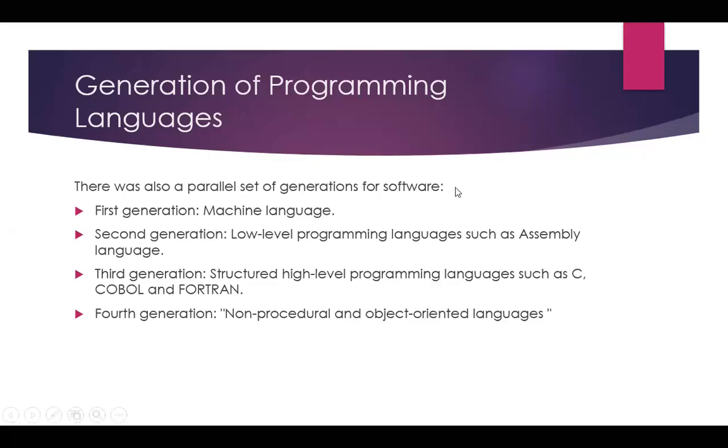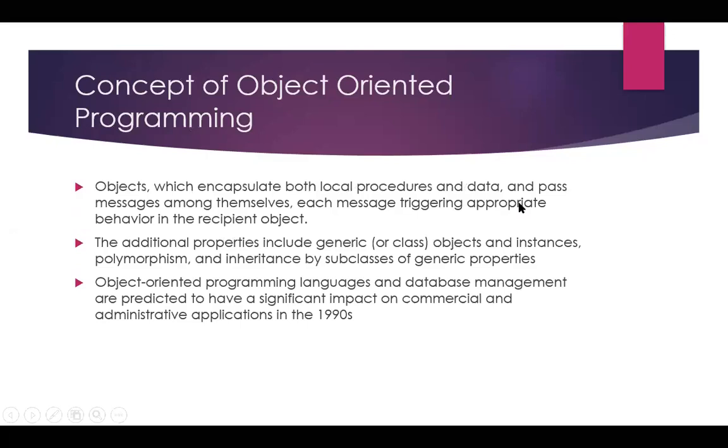So this is briefly about programming languages. This is the concept of object-oriented programming. I already discussed a little bit about it. If any student is interested, we can discuss it after this lecture.